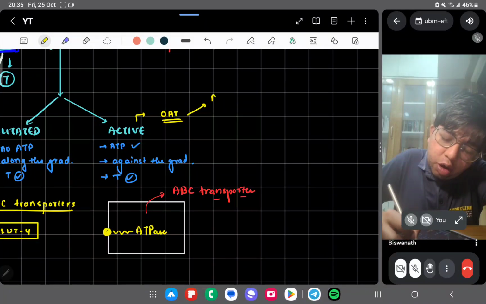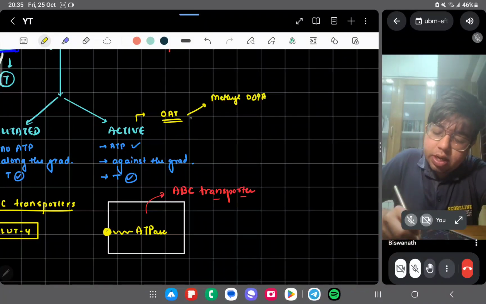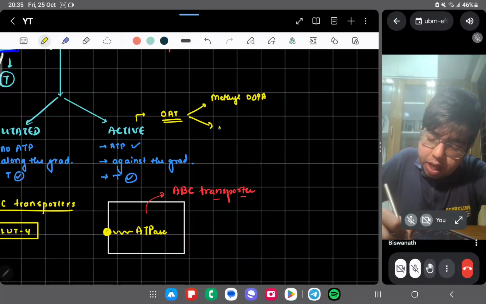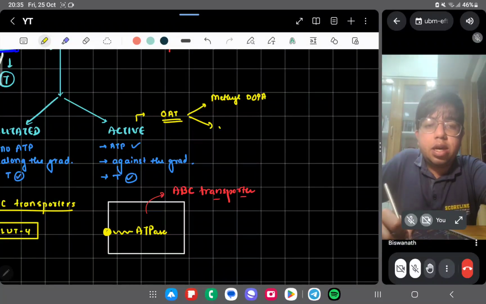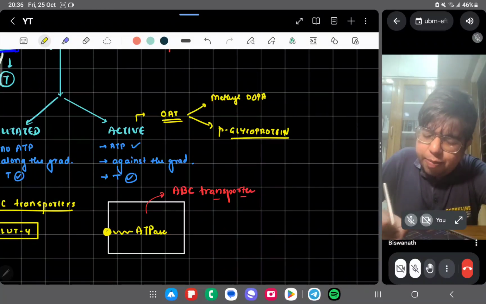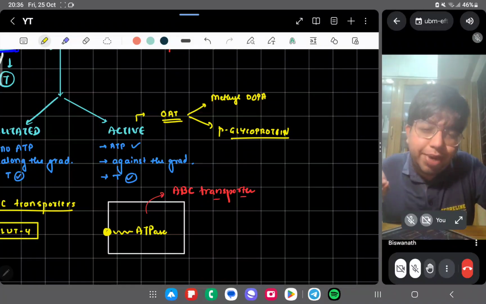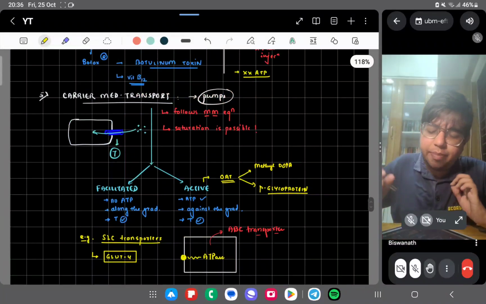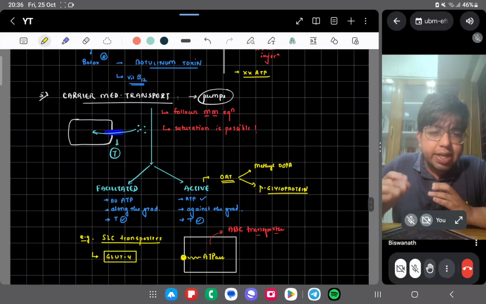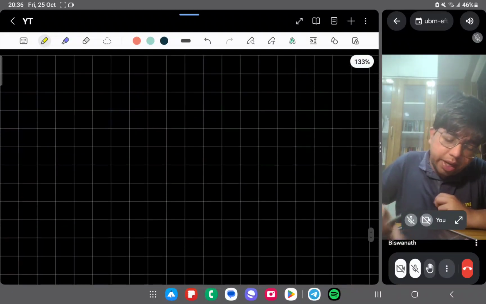One is methyldopa. Another is P glycoprotein also, right? Talking about P glycoprotein, I get reminded of another transporter called the PGP transporter. These are a bit advanced concepts. Just try to understand. If you have a good understanding, then it will be very easy for you.